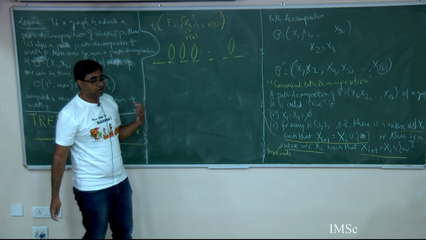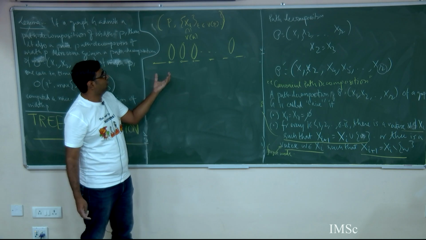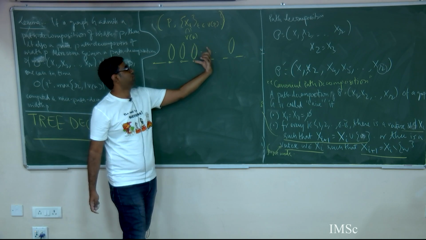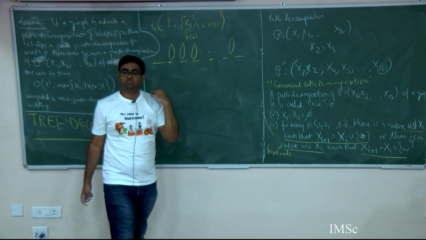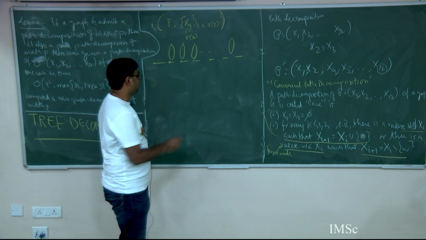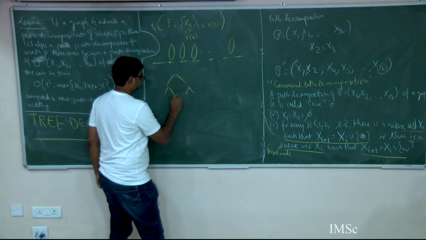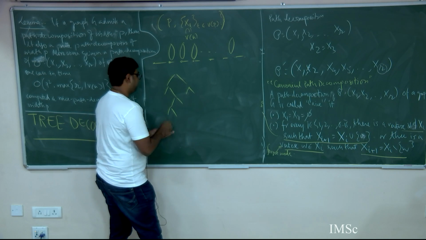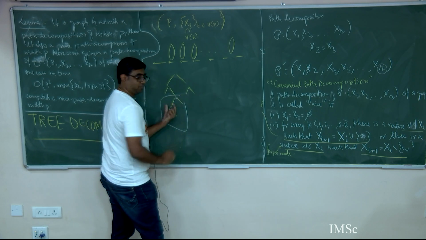When we were doing dynamic programming on a path, we said, look at this end, then look at the graph induced on everything below. When doing a DP over a tree, we said, if we are here, then look at the subtree rooted at this node.